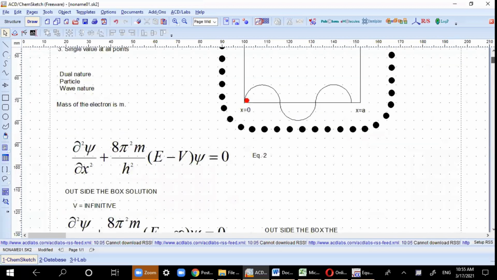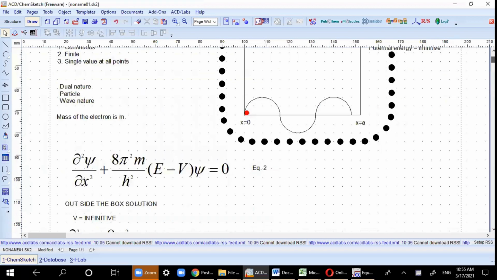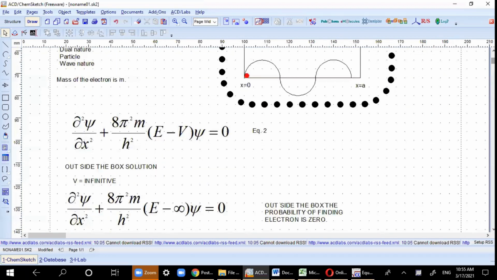But normally you might have already seen the three-dimensional equation, that is dou square psi by dou x square plus dou square psi by dou y square plus dou square psi by dou z square plus 8 pi square m into E minus V into psi equal to 0. That is the three-dimensional equation.